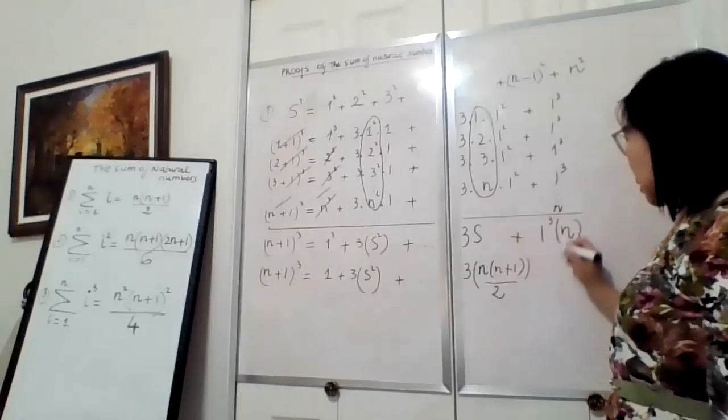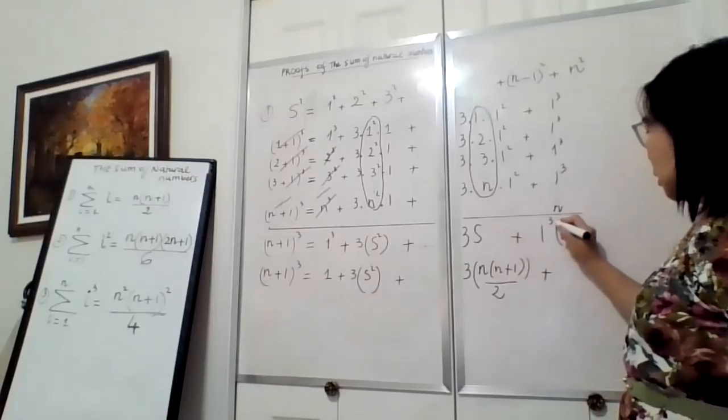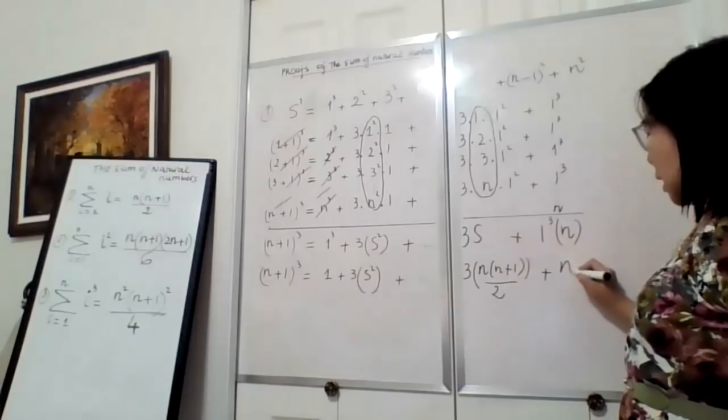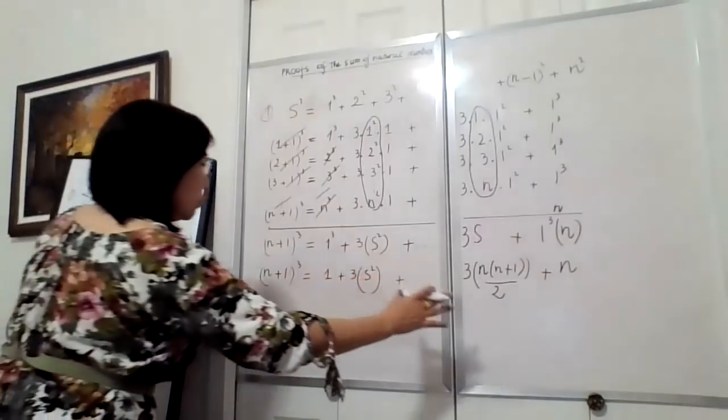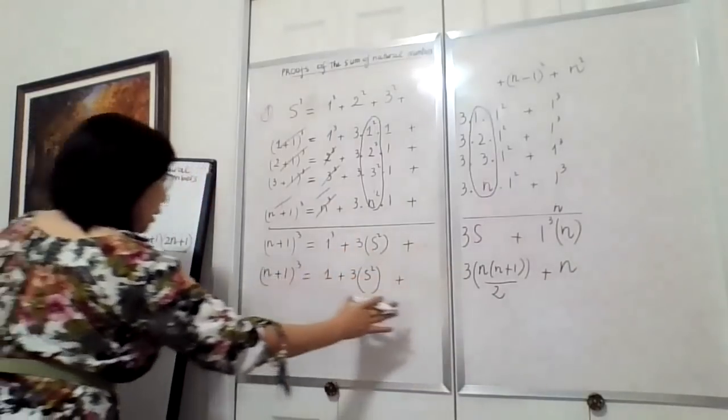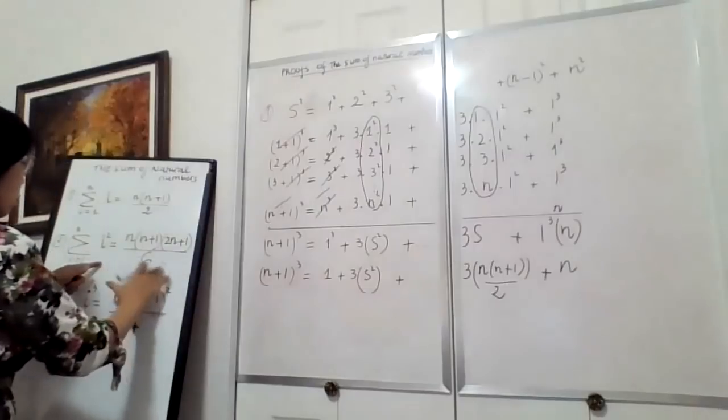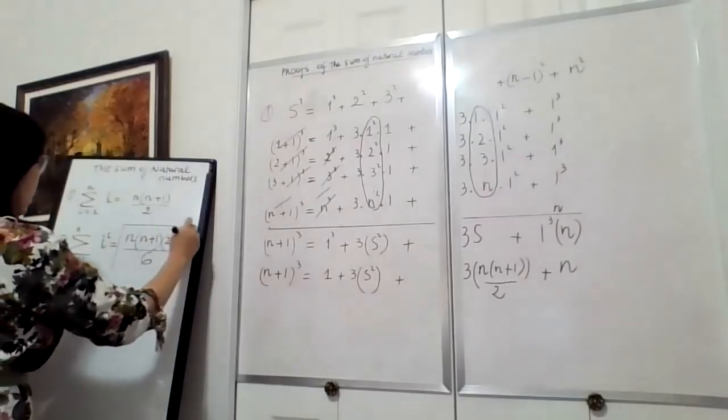So that's how it looks like. The last one, 1 to the power 3, I'm just going to write n, okay? Same thing. So now, I have to prove to you that finally I will get all the way from here to this expression, right? To this one.